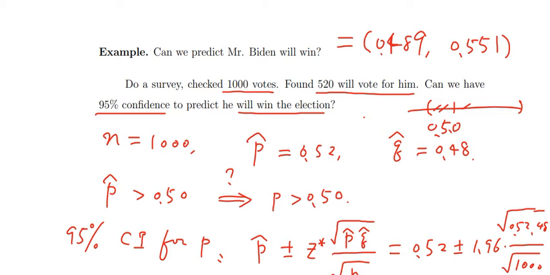So this means the true percentage still can be less than 50%, right? So we cannot predict. Can we predict? We say cannot, because we cannot guarantee his percentage will be clearly larger than 50.